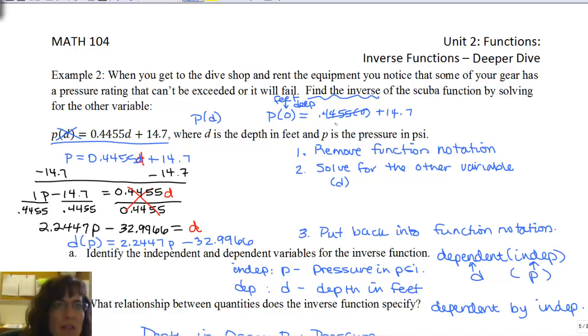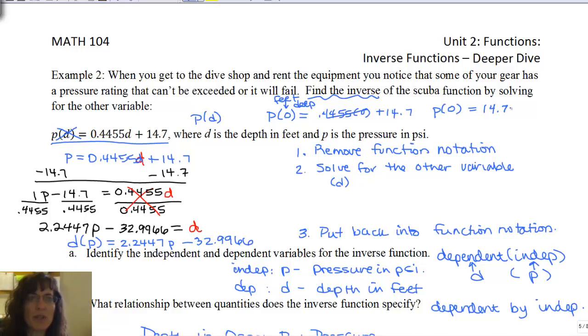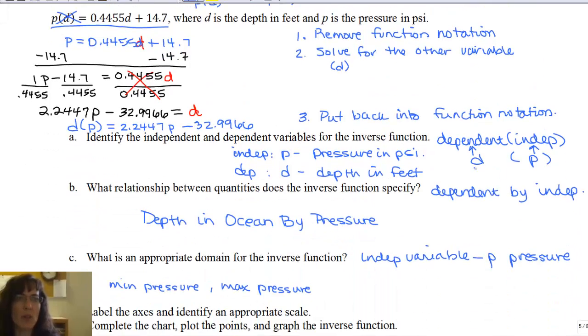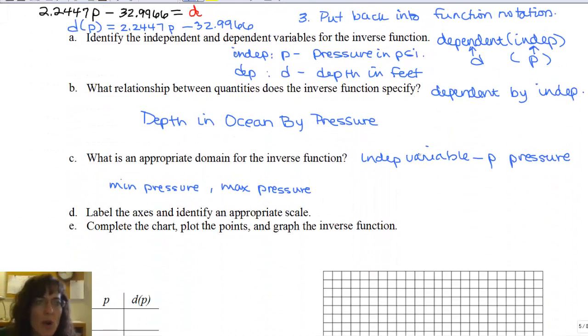So our pressure at 0 feet was 14.7 psi. So that was actually our minimum pressure, because after that, it got bigger and bigger. The pressure increased. So our minimum pressure for this function is going to be 14.7, because you could have a depth of 0 feet, and it's going to infinity.